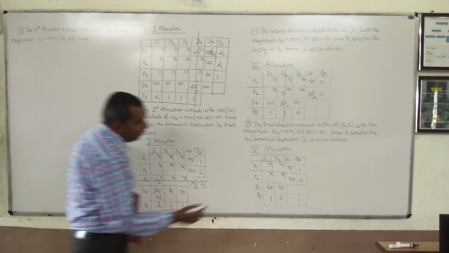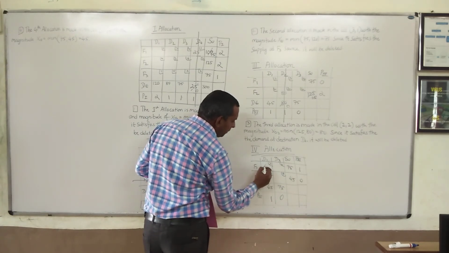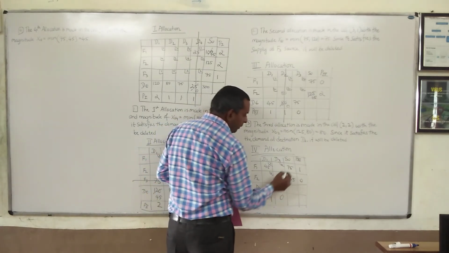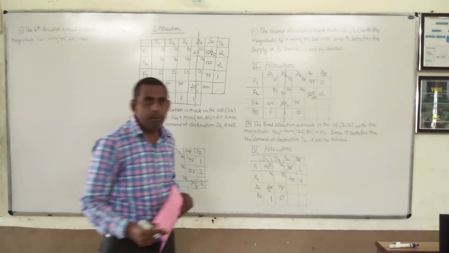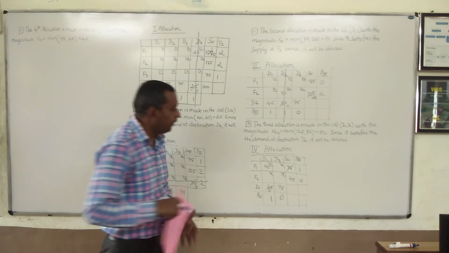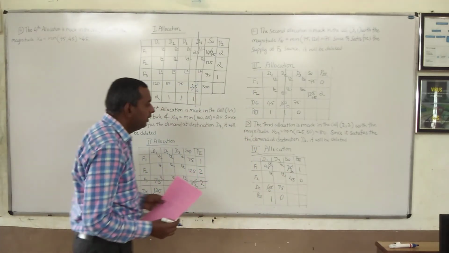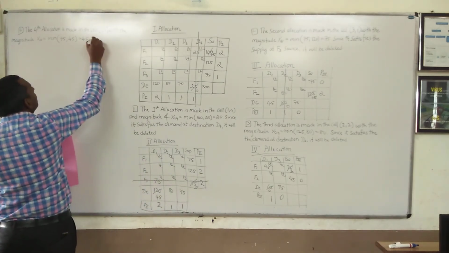Fine. So here this 45 into 75, let me write 45 here. So this will get cancelled, 45 minus 45, but 75 minus 45. It is how much here? 30. So what happens here?